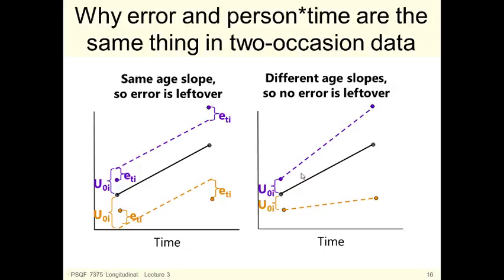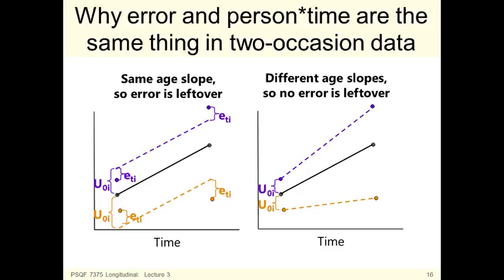Contrast that with the picture on the right, where instead I drew different slopes for each person. Now there's no E. Because when you have 2 points, you only need one line.